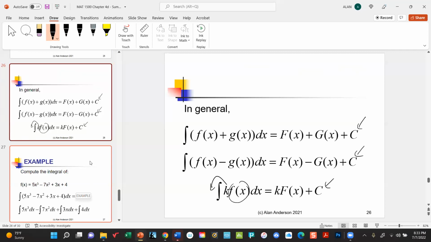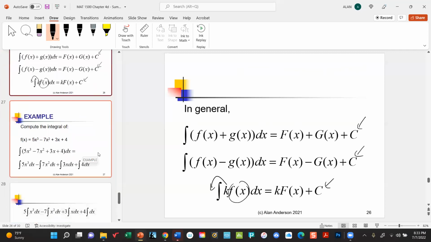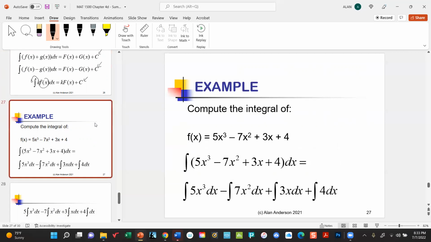All right, so here's a nice little polynomial. We should have no trouble with this one at all. Let's try this one. What if we need the integral of this function?